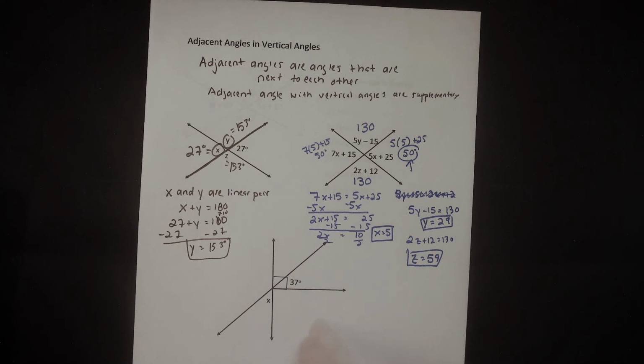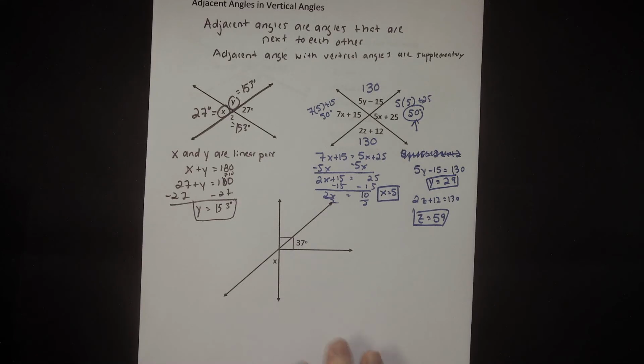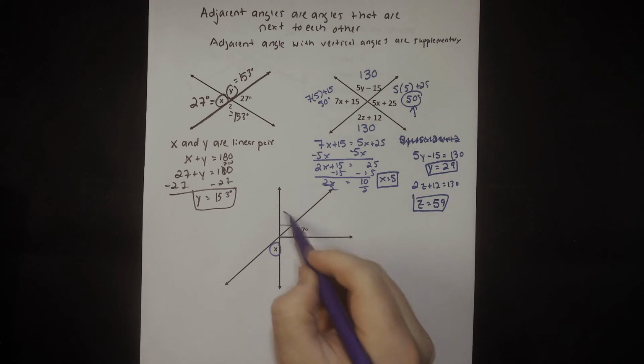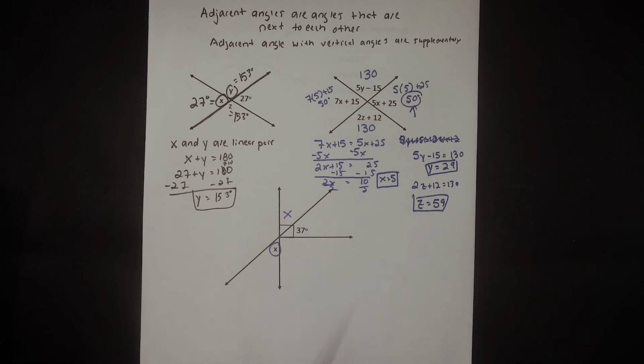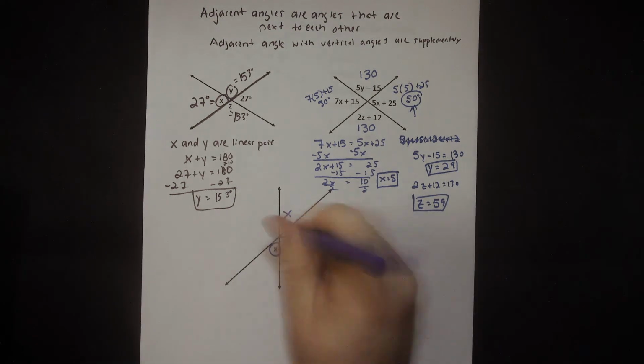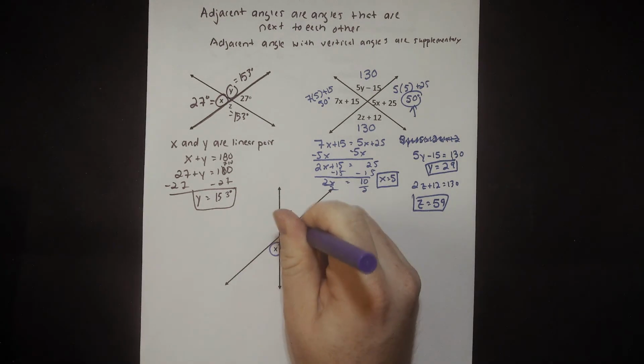But I want to take a look at this guy here. So, I want to find out what x is. X is right here. Now, automatically when I look at this, I say, well, these are vertical, right? So these have to be equal to each other. So whatever this angle is, this angle is. And then I look and I see, hey, look, there's a right angle here.